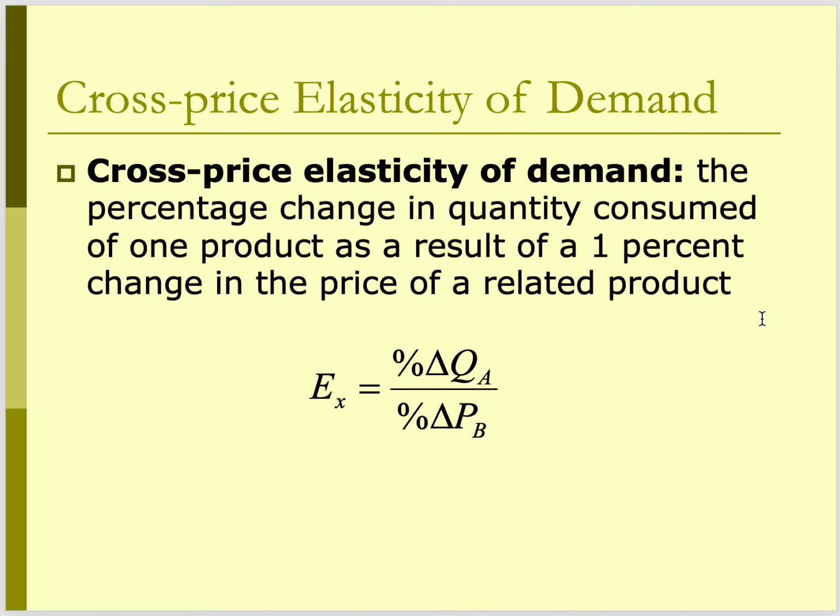So I've got two products. What happens to the cross elasticity of hot dogs and hamburgers? What happens if goods are complementary, or goods are substitutes, or goods are completely unrelated? If they're completely unrelated, the change in price of one probably shouldn't affect the quantity consumed of something else.